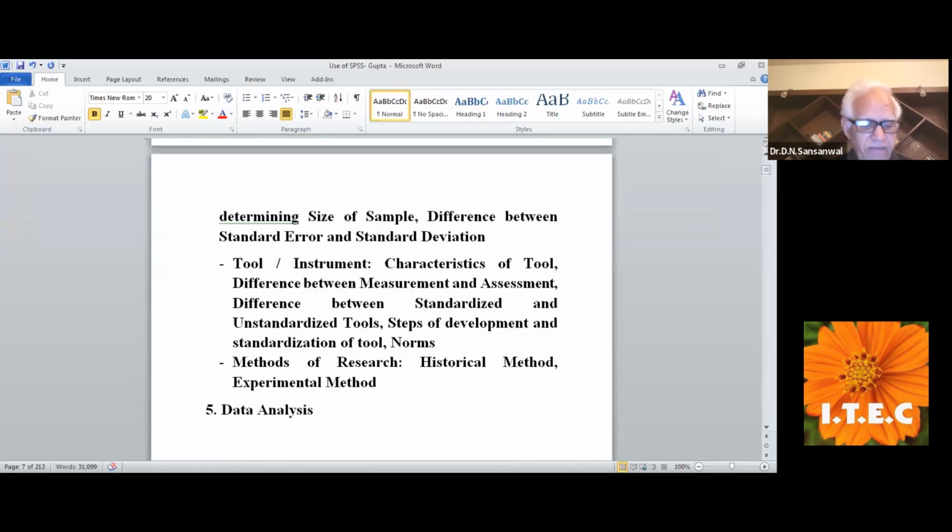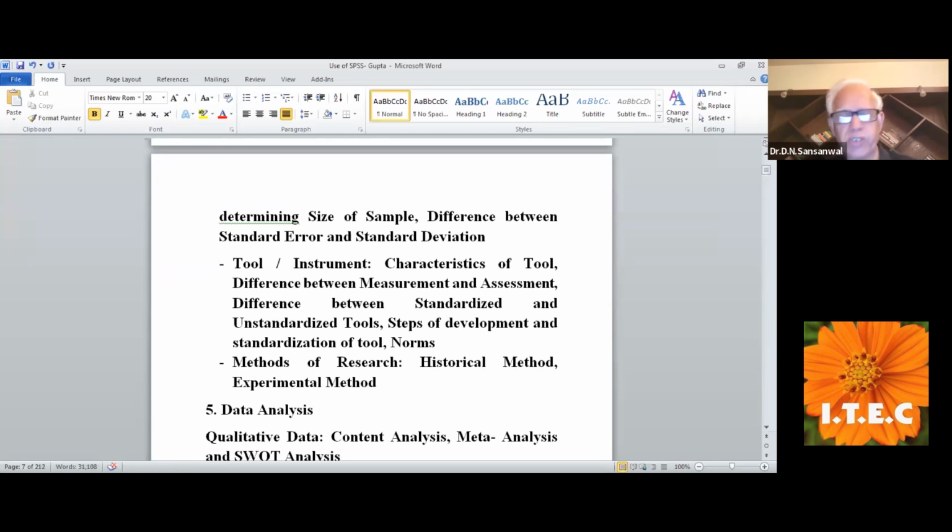Now, if you have the qualitative data, then you can analyze it with the help of content analysis, another is called meta-analysis, and another is called SWOT analysis.